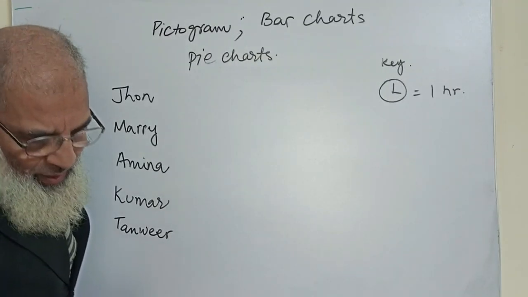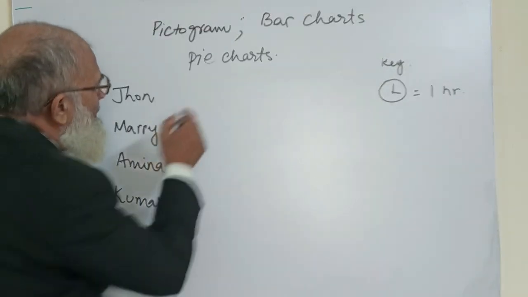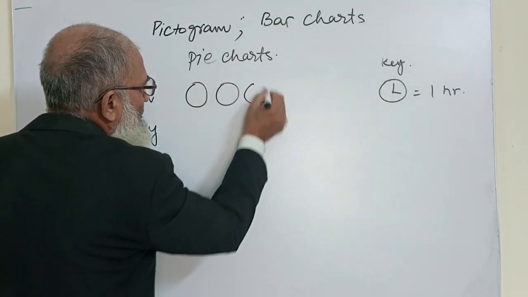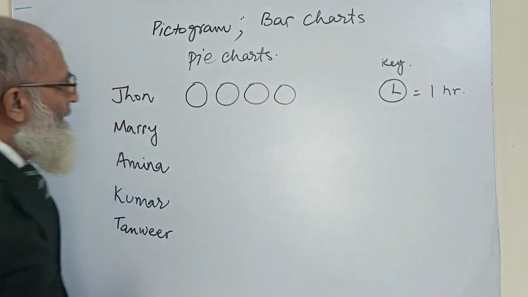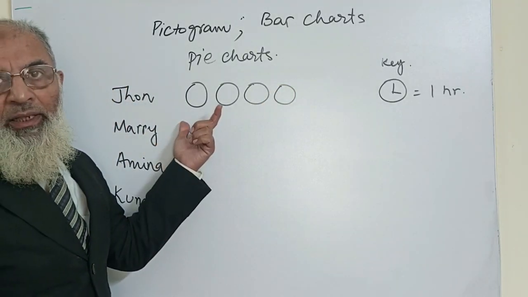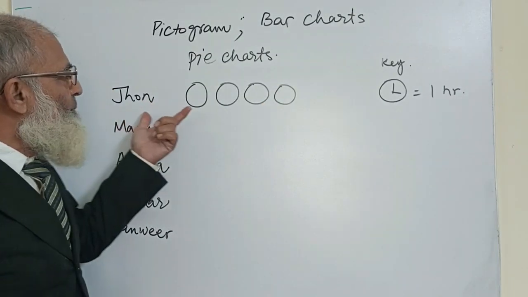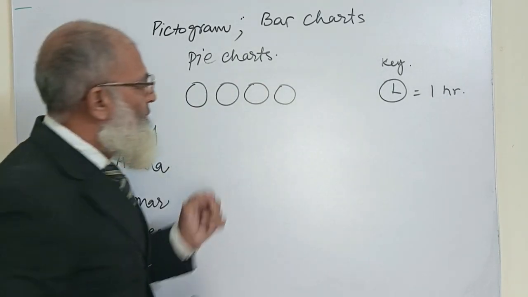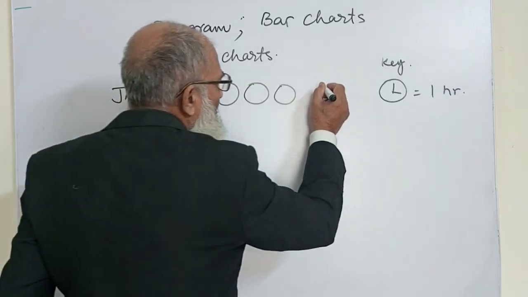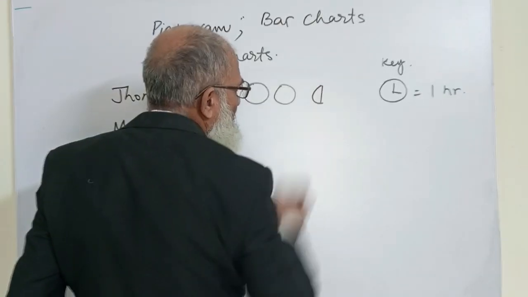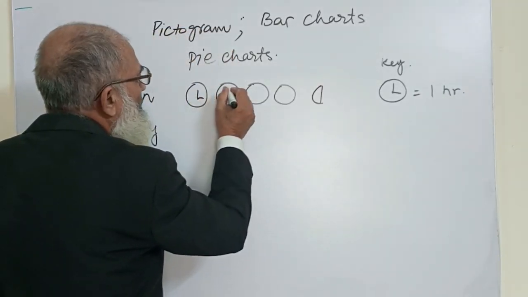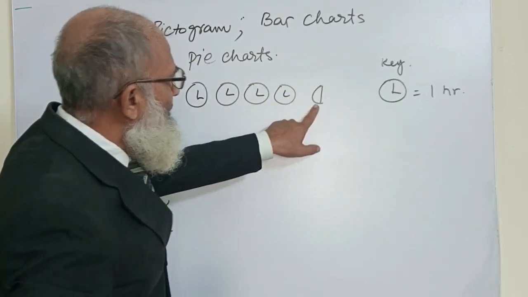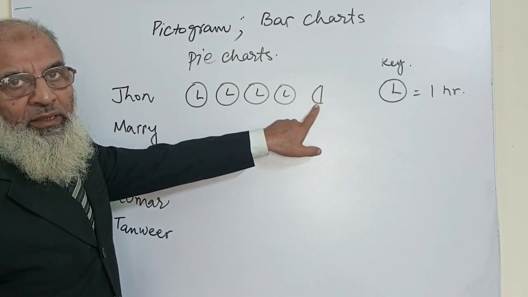So if there are full watches like this, that means John is spending 4 hours per week. And if there is a half watch over here, that means 30 minutes.